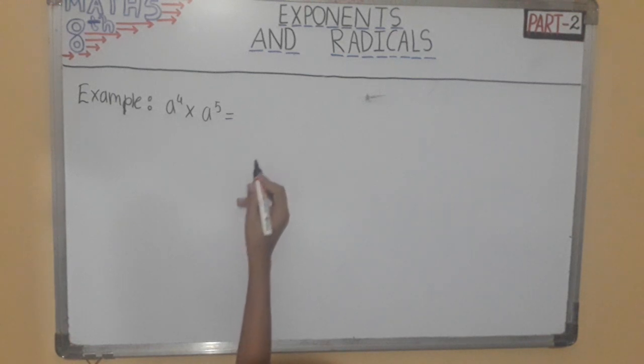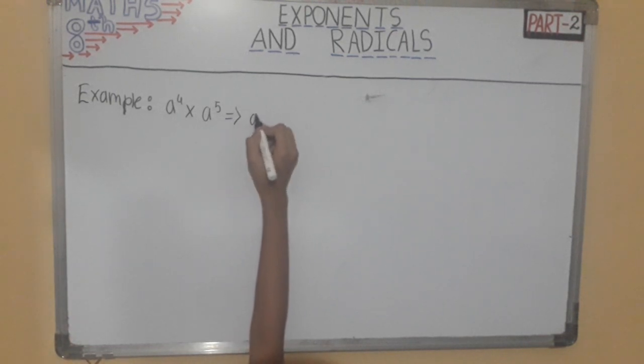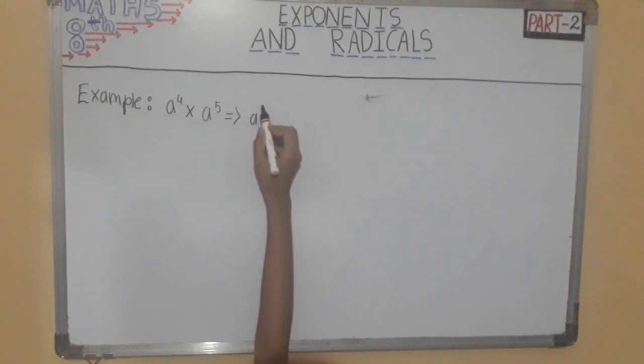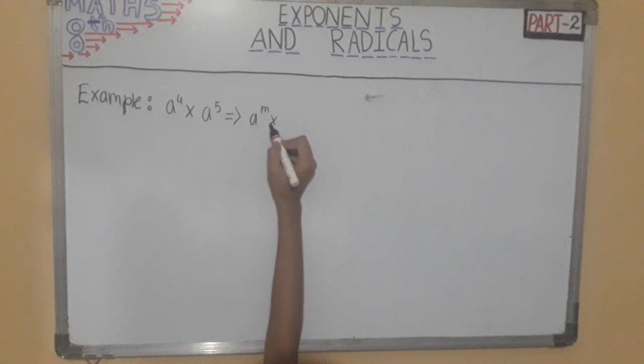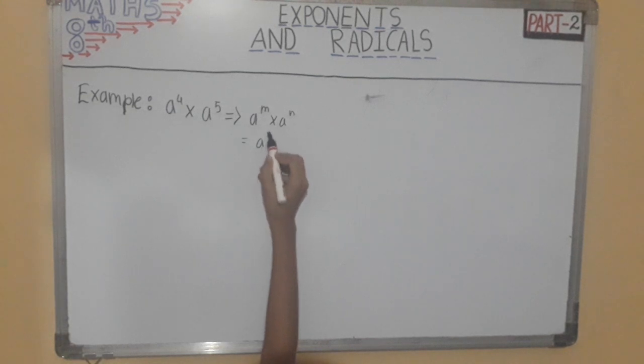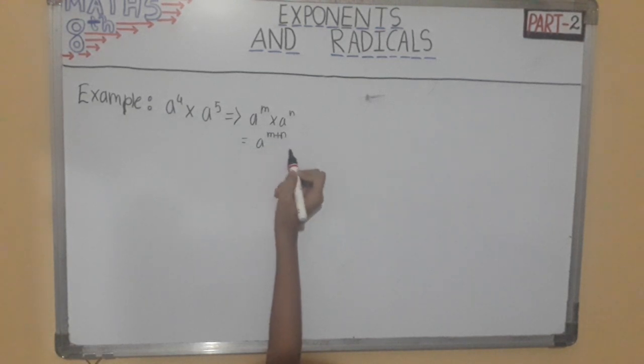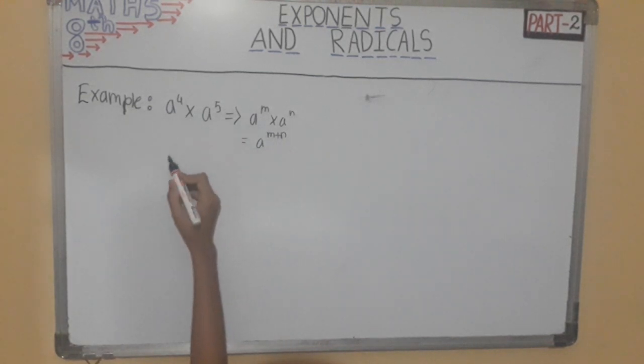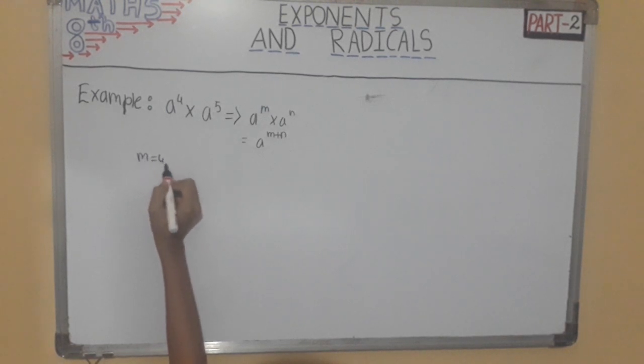Now we will remember that identity we have learned in first part, that is a raised to m into a raised to n is equal to a raised to m plus n. At the place of m there is 4 and at the place of n there is 5.